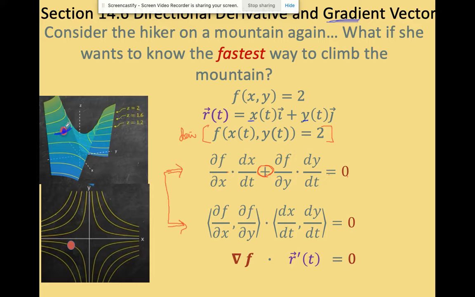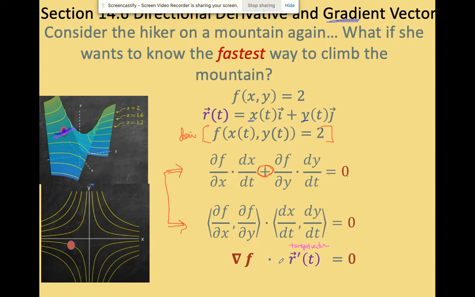That's R of t. R prime of t is the slope of the tangent vector. So what does this say? If the gradient of f dotted with the tangent vector is equal to 0, what does that tell you about the relationship of the gradient vector and the tangent vector?